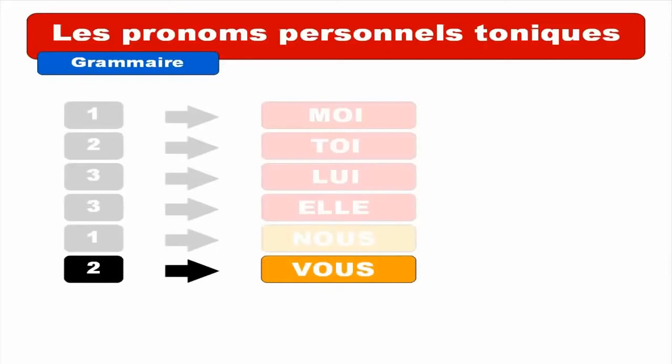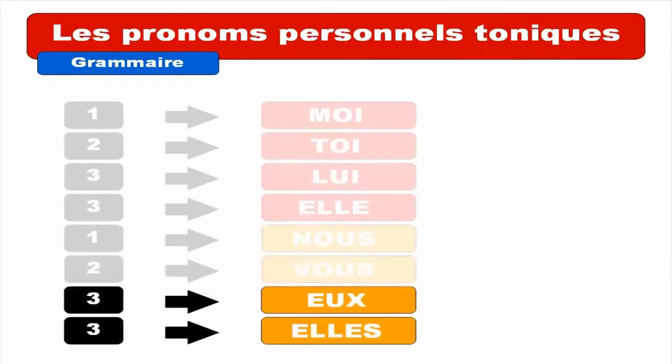So vous. Okay. And finally, same thing, difference between the masculine form and the feminine form, but then the masculine is different, the feminine is the same as les pronoms personnels sujet.